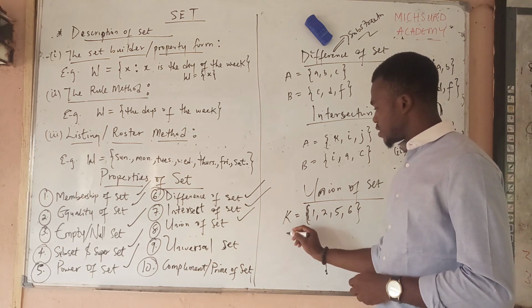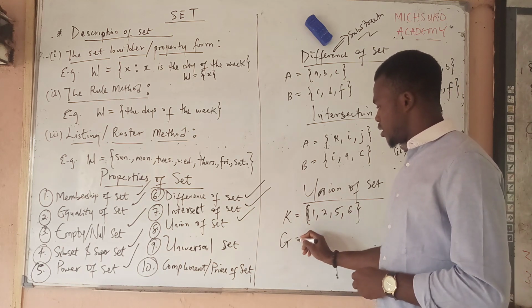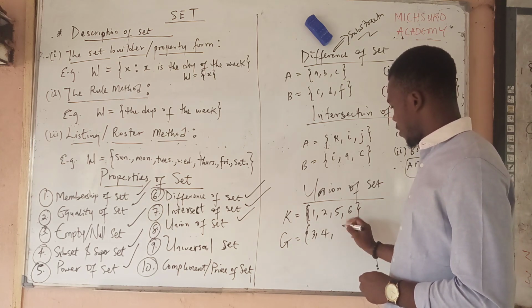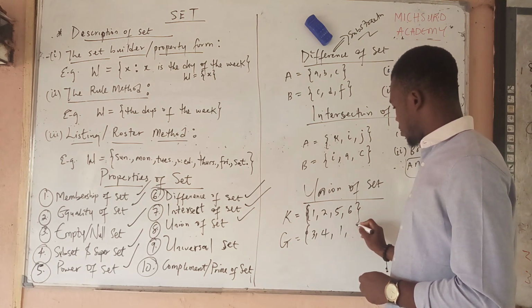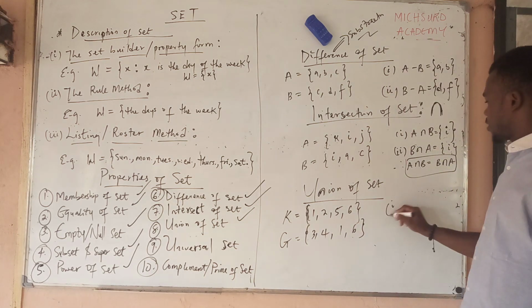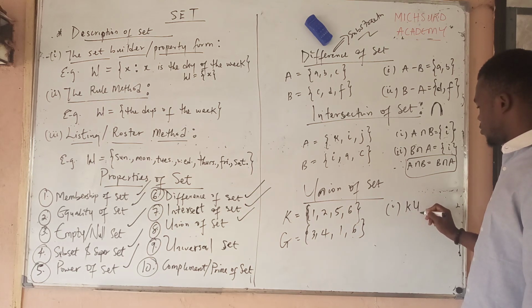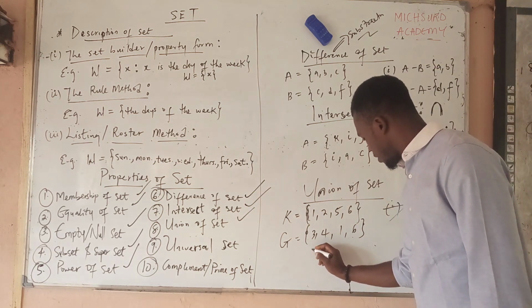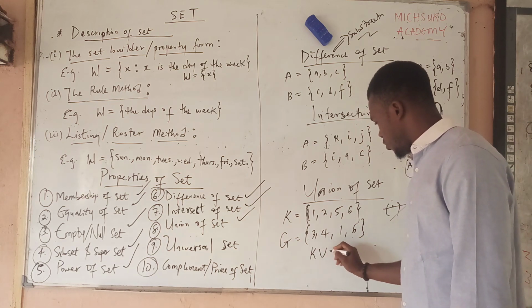Then I have set G equal to 3, 4, 1, and 6. Now I'm asked to find K union G.